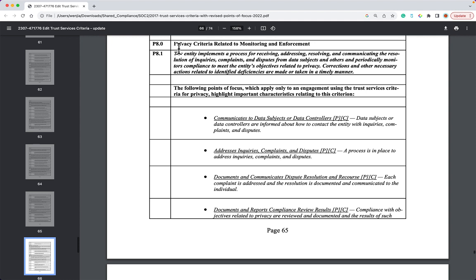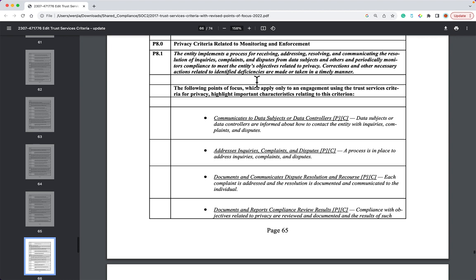Privacy criteria related to monitoring and enforcement. Every entity has its monitoring and enforcement system and mechanism, and in this process, you implement a process for receiving, addressing, resolving, and communicating the resolution of inquiries, complaints, and disputes from the subjects and others, and periodically monitor compliance to meet your objectives.